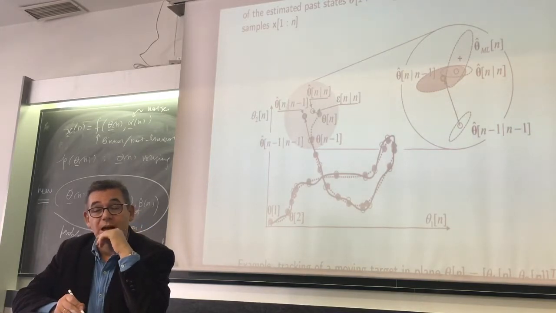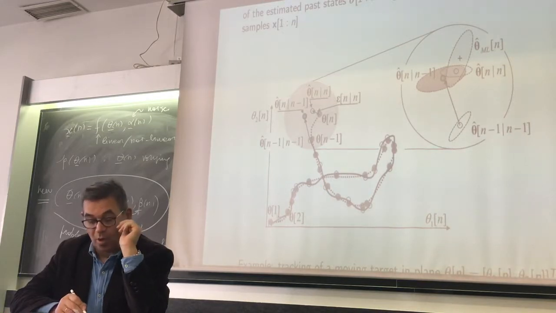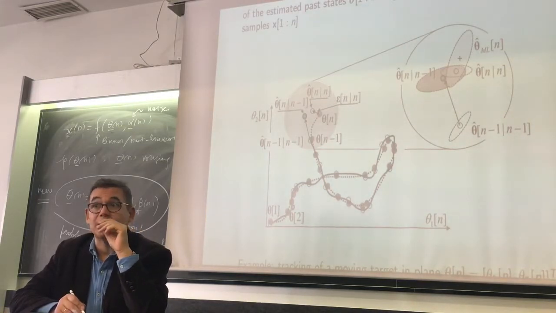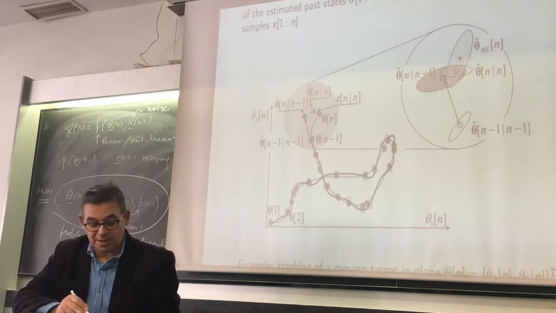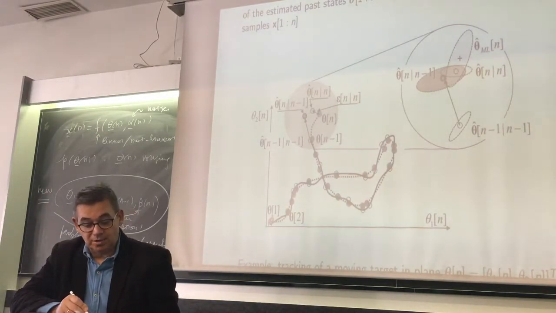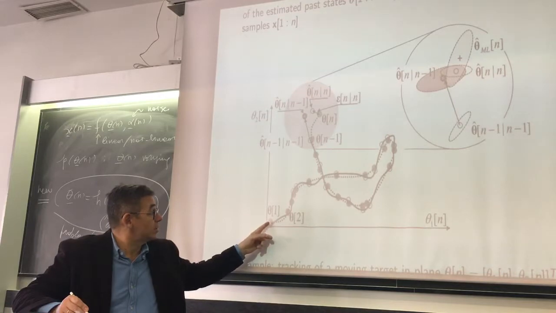Time is sampled regularly, so when I say 1, 2, 3, I mean the time is sampled regularly, I don't know, every 1 second. So in second 1, the target is here. Now the gray dots, the filled dots, are the true position, and the empty dots are the estimated position.